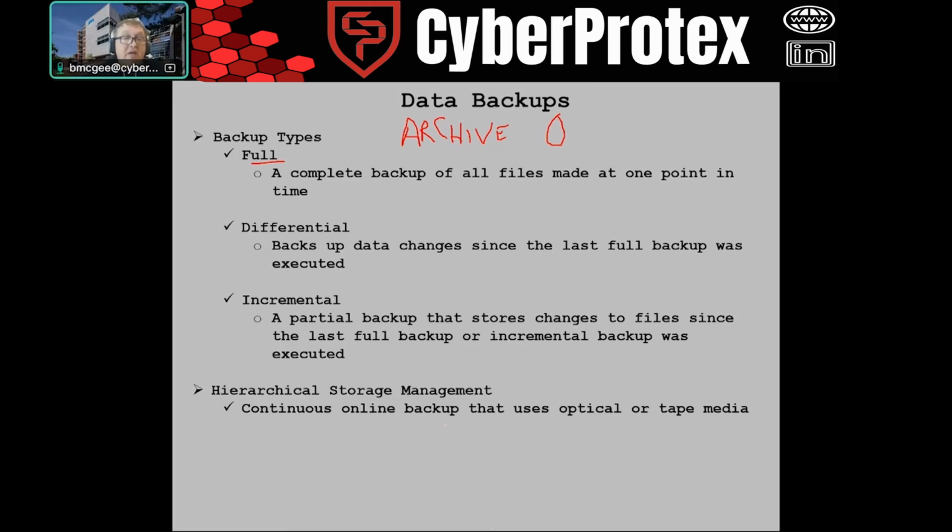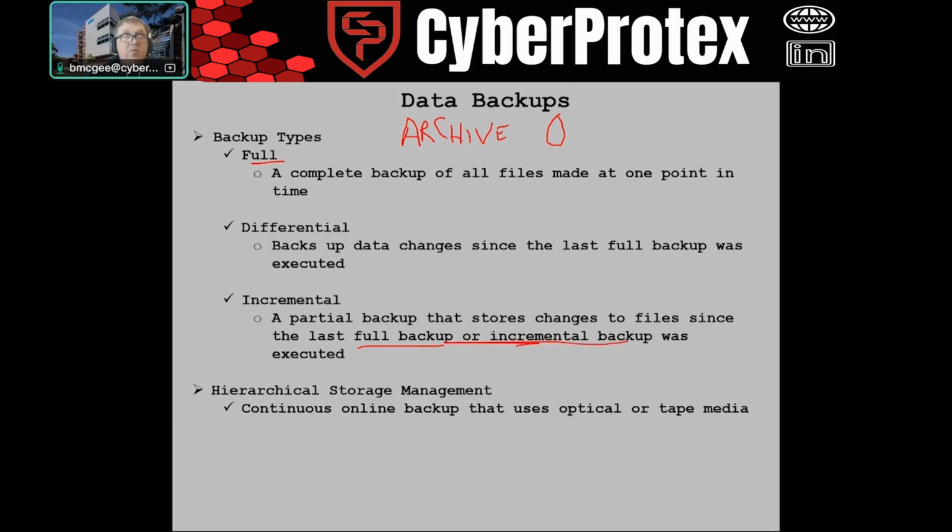In differential backups here, this is what happens whenever you are looking to back up the files that have been modified since the last time that a full backup was run, or the incremental backup was executed.